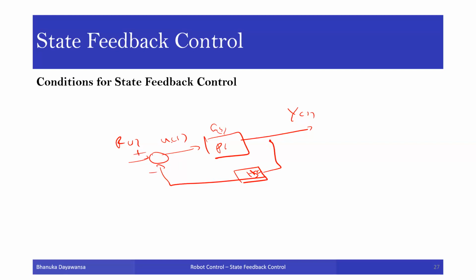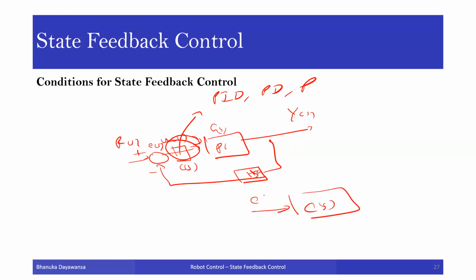There's another block for this, but you can write it like this. We have the controller here, C(s). The C(s) can be anything: PID, PD, or simply P. Based on that, you can generate the U(s). Here we have the error signal E(s), and the control signal is here. This is a single input, single output system. The control is basically single input, single output, right? If you take the C(s) block, you have a single input, that's the error, and you have a single output.